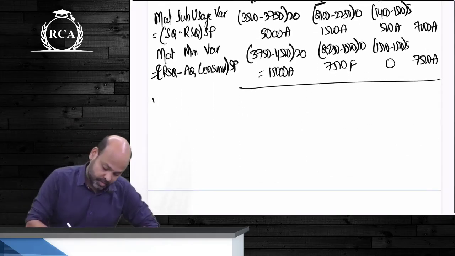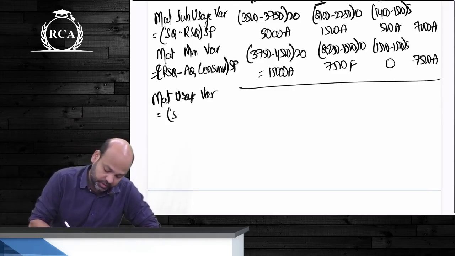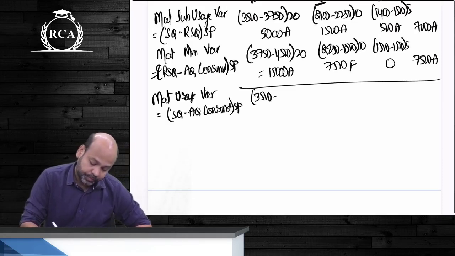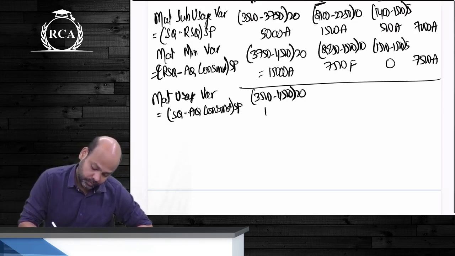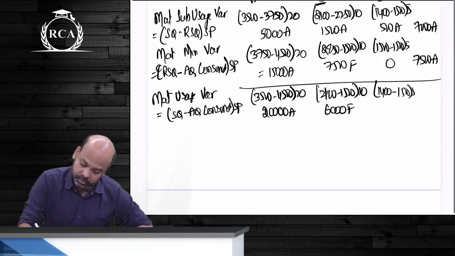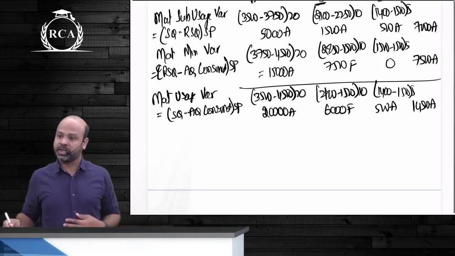Once we get this, material usage variance is standard quantity minus actual quantity consumed multiplied by standard price. 14,500 adverse. This will be material usage variance.